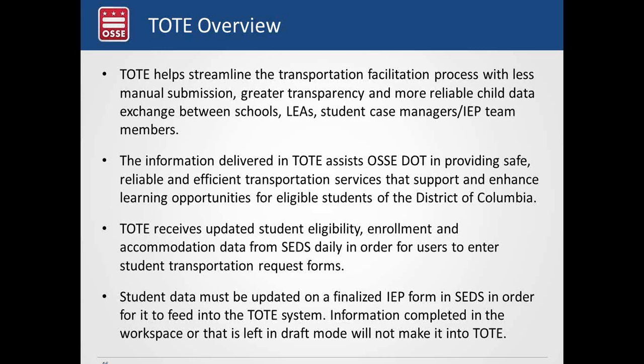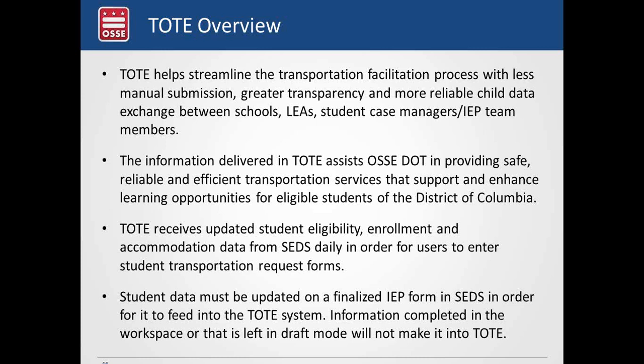To echo what Annette said earlier, the main thing we need you all to do is make sure that students are eligible for transportation, and that their IEPs are finalized, because we have plenty of instances where people did amendments and left their students' IEPs in draft mode, and that information isn't transferred if they are adding transportation to the student's IEP.